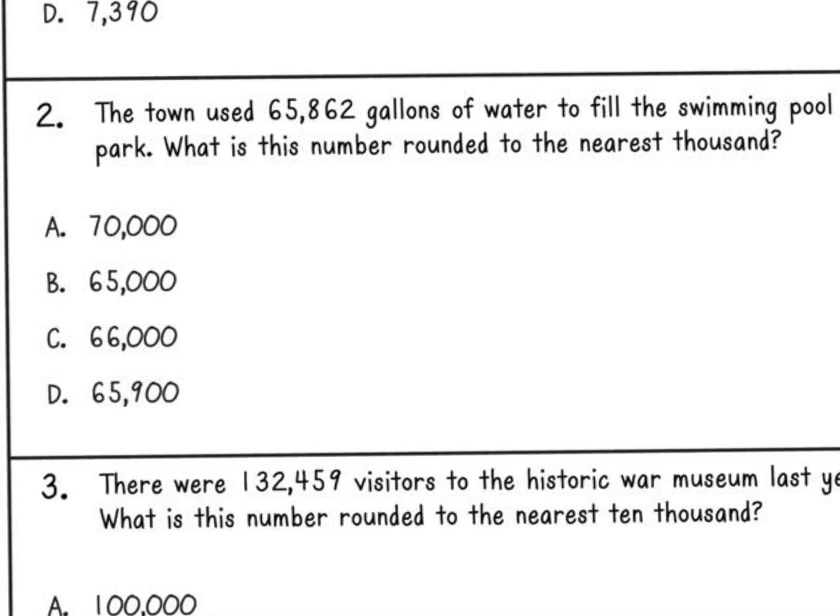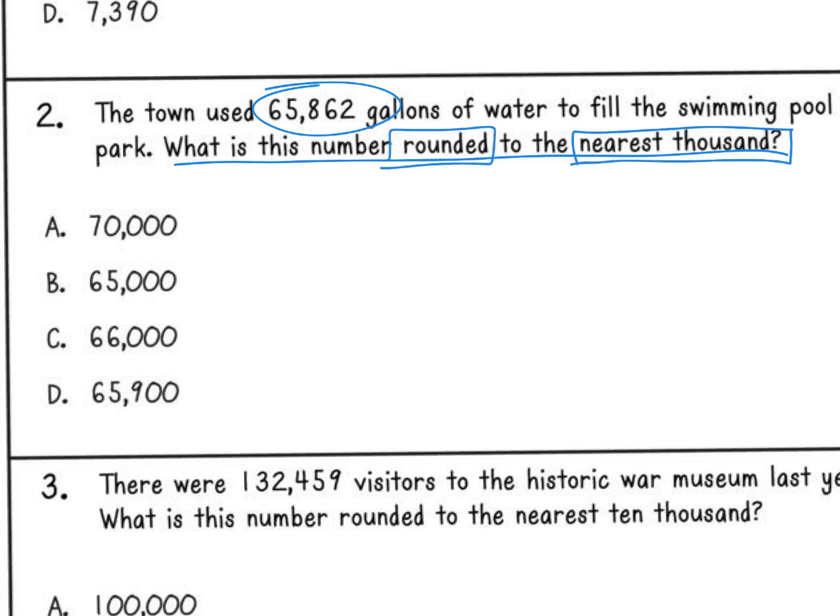Number 2. The town used 65,862 gallons of water to fill the swimming pool at the park. What is this number rounded to the nearest 1,000? So I'm going to copy this number down, and I'm going to underline the digit in the thousands place.